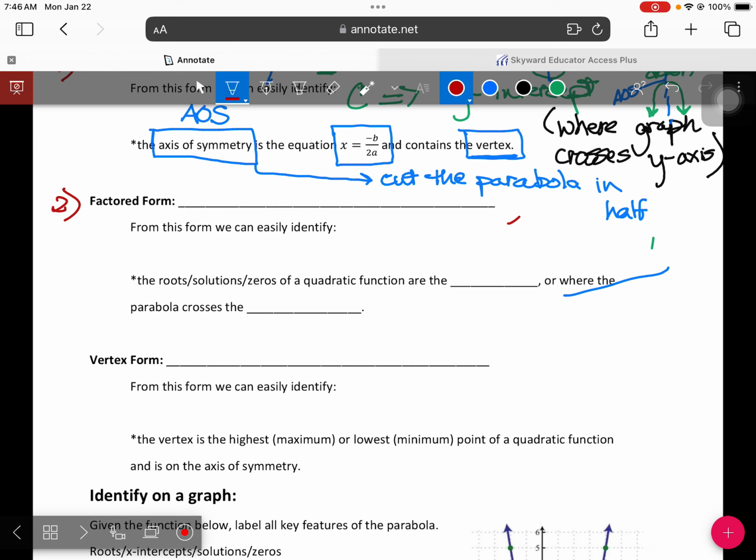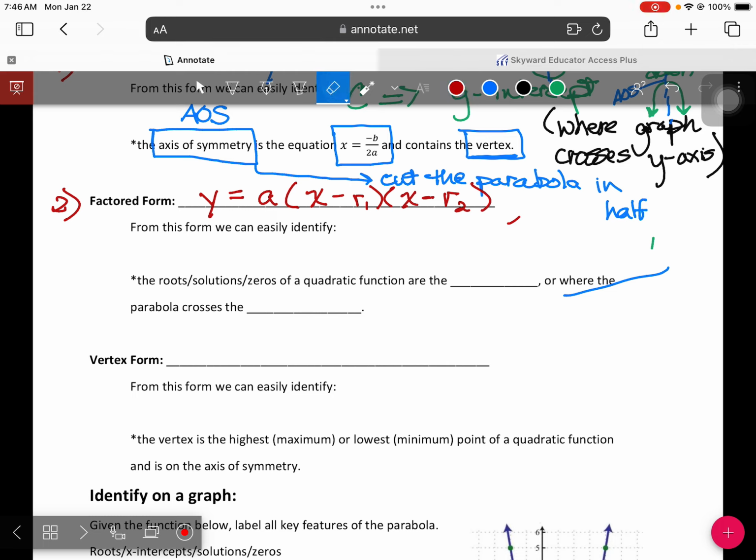You look for a GCF, but factoring means you are multiplying. So factored form is going to look like this. Y equals a times quantity x minus r sub 1 in quantity times x minus r sub 2 in quantity.